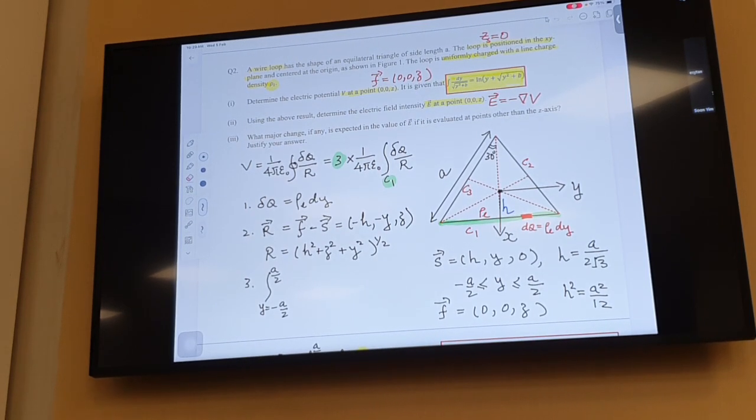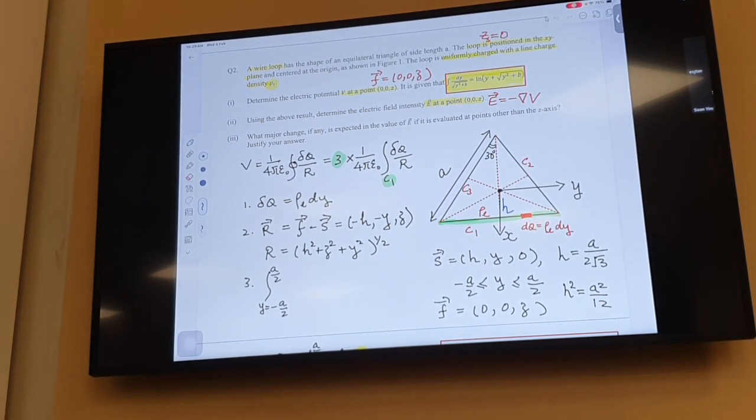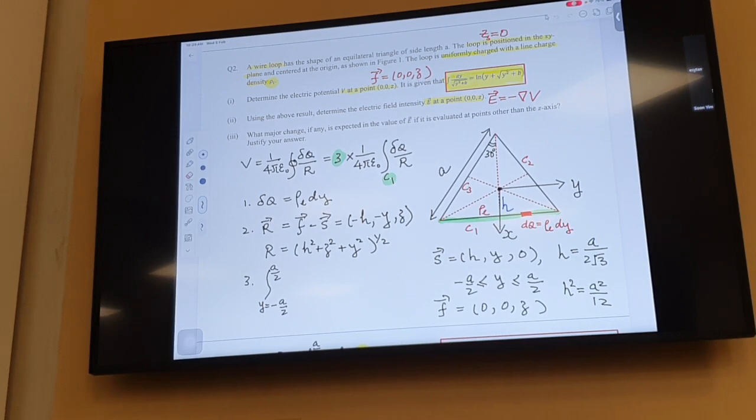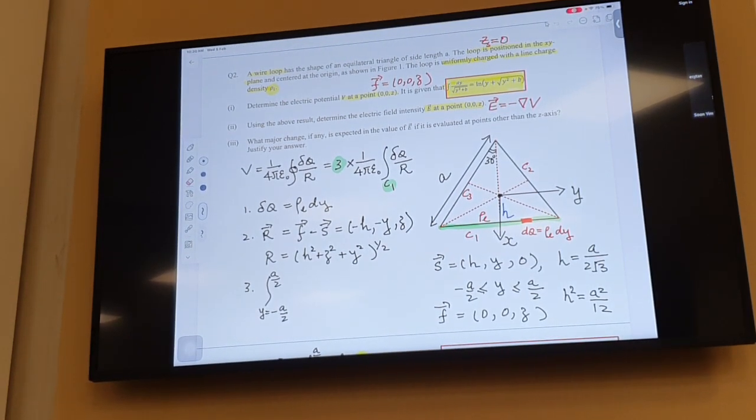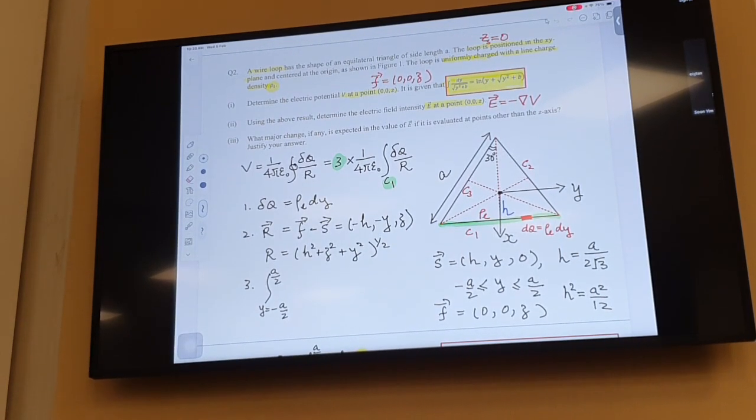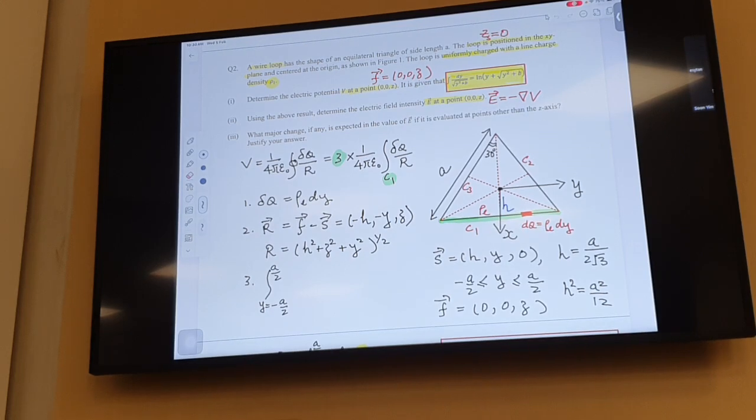Okay, now, we always start from this general integral to calculate electric potential. I'll put a circle here to indicate that you integrate the charges in this equilateral triangle. If you want, just write the word symmetric, equal to 3 times the integral along C1. As I mentioned, the charge is the same along each side, and the distance to the center is the same.